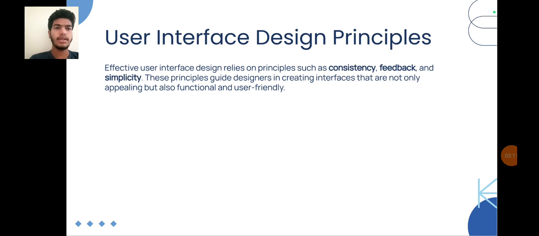These are the user interface design principles: consistency, feedback, and simplicity.